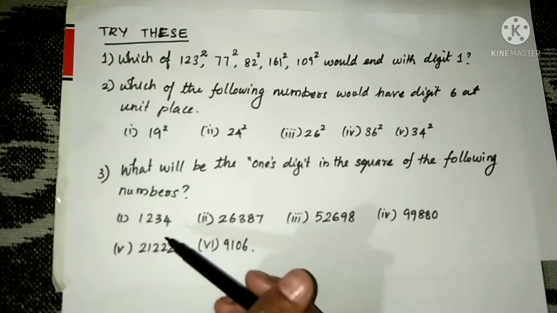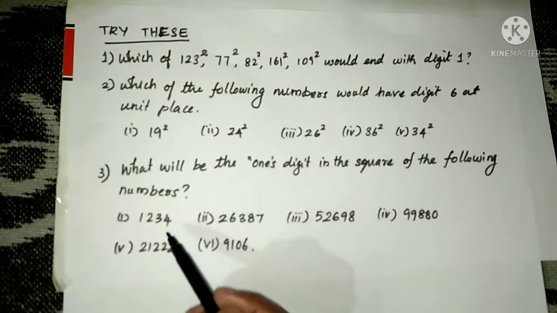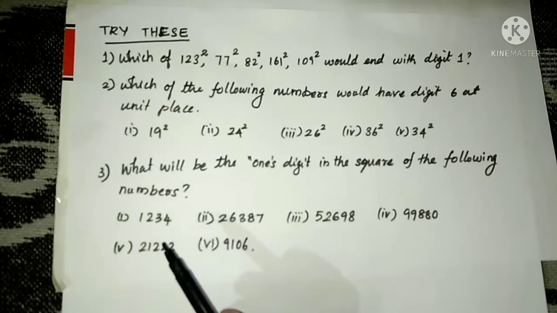The question is, when we square the number, for example, when we square this number, we have to say what will come in the answer, that square number.